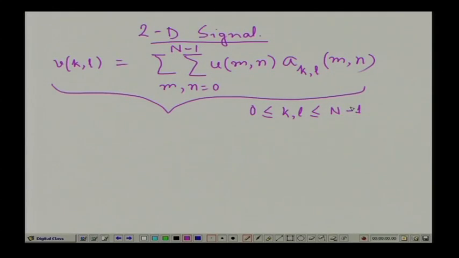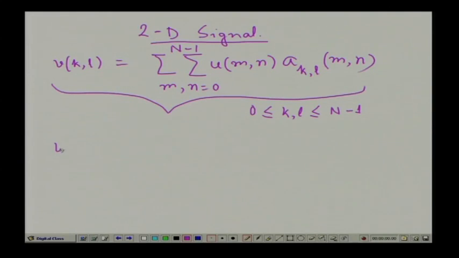In the same manner, we can have the inverse transformation, so that we can get the original two dimensional matrix from the transformation coefficient matrix, and this inverse transformation in the expanded form can again be written like this. So, from V k l we have to get back u m n.